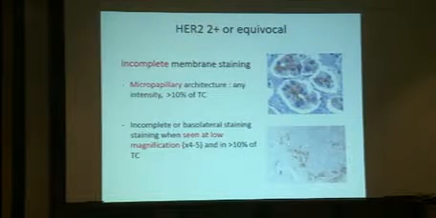So this is one of the category of immunohistochemistry 2 plus. You remember we can have this incomplete membrane staining. It's usually found in the micropapillary subtype, but in this case it was not micropapillary, it was a ductal carcinoma.